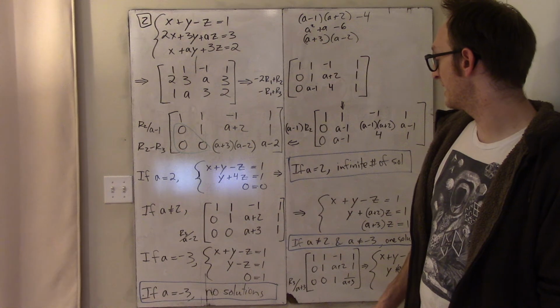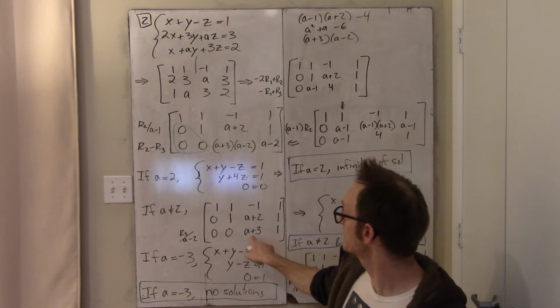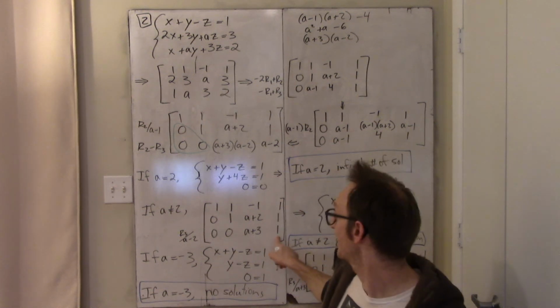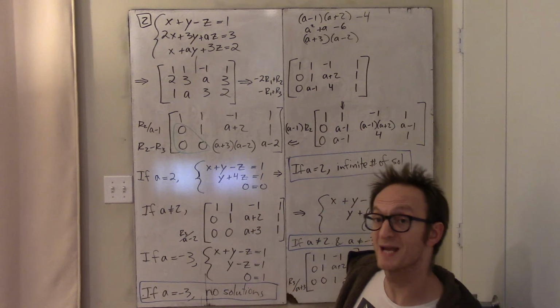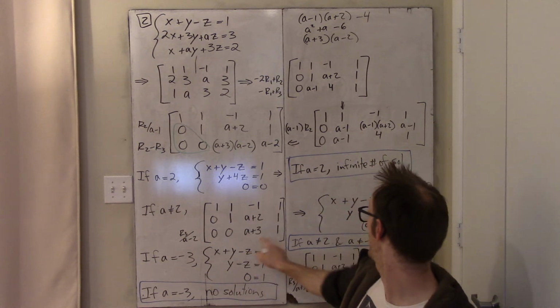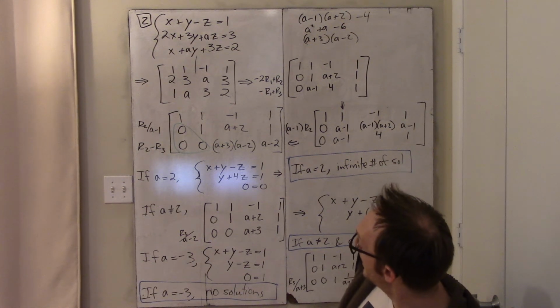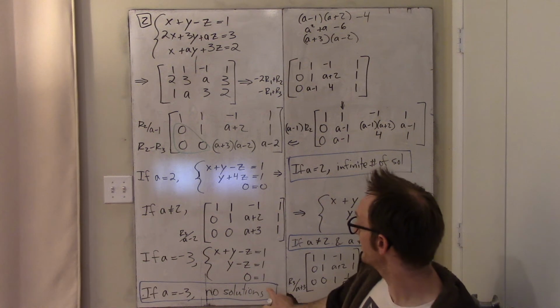But another thing that can happen is you get 0, 0, 0, some number. That is equivalent to a false statement. This is the other kind of end game, and then there will be no solution.